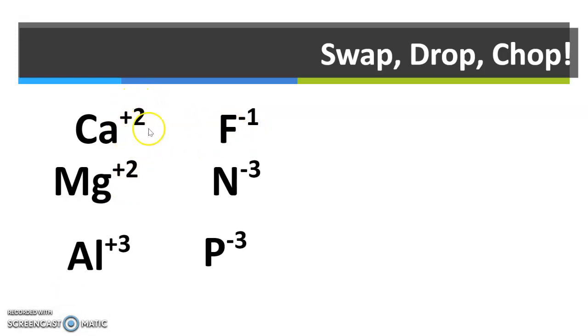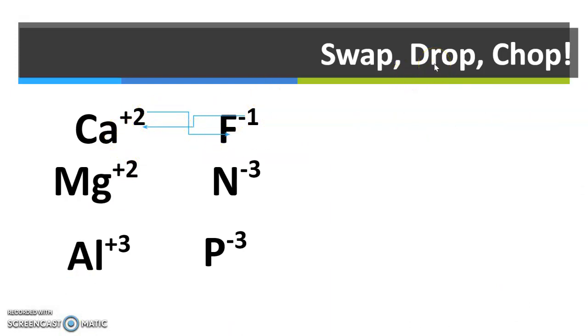So in this one, the 2+ is going to come to this side, and the -1 is going to come down here to be the subscript of calcium. So the +2 goes to the bottom of fluorine, and then the -1 goes to the bottom of calcium, okay? So we swapped the numbers.